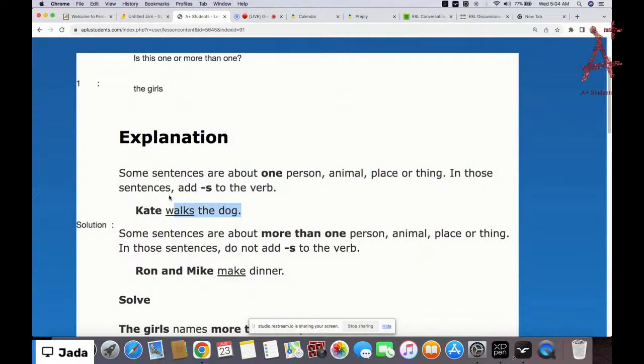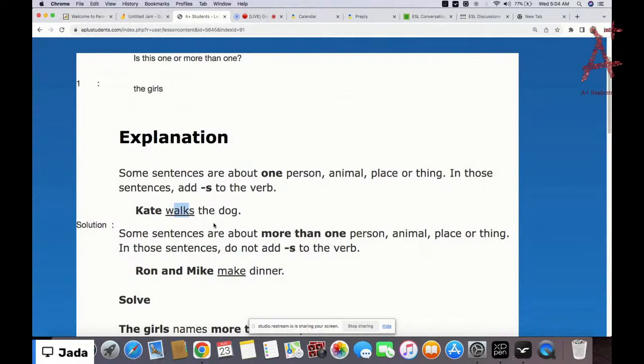Kate walks the dog. All right. So you can see that Kate here is singular, one person. And then it says walks the dog. Walks here is a verb, but it has s, so this makes it a singular verb. What you need to notice is that singular verbs always go with a singular subject.